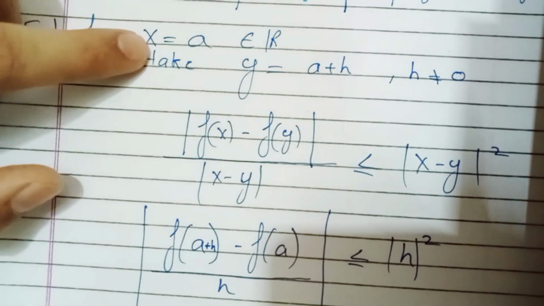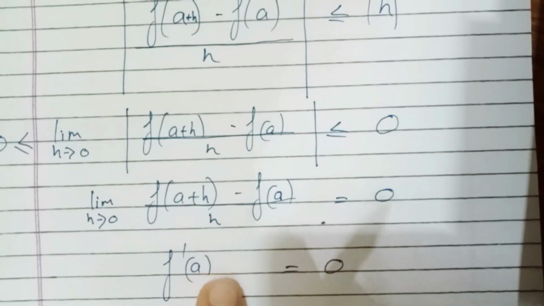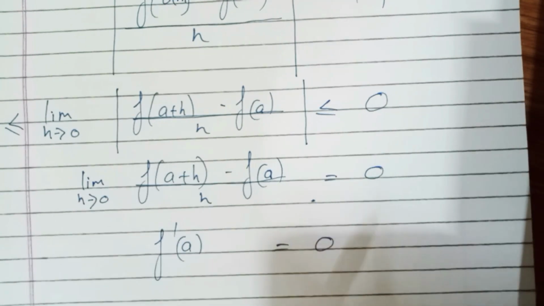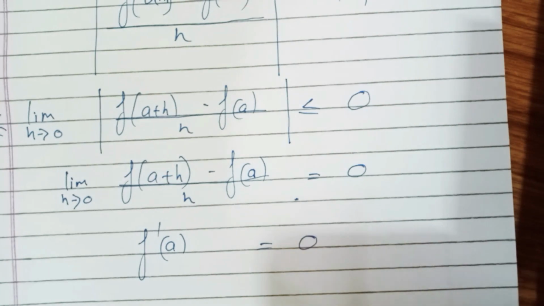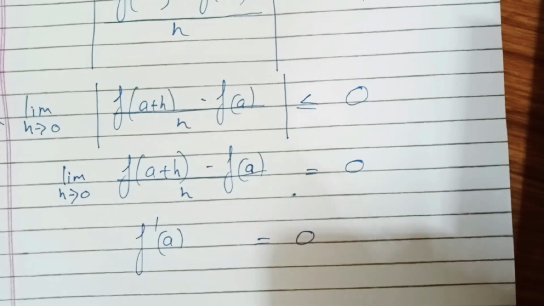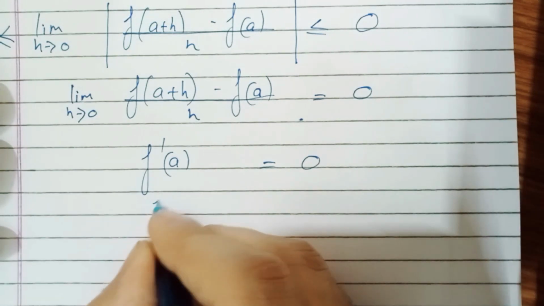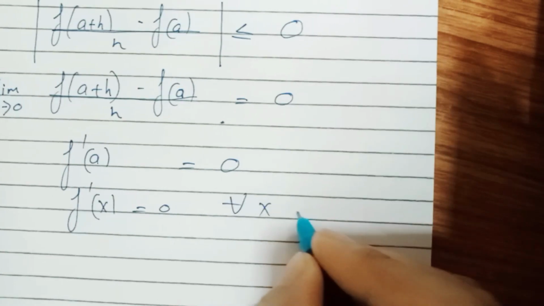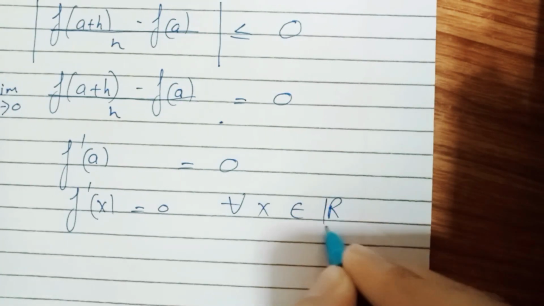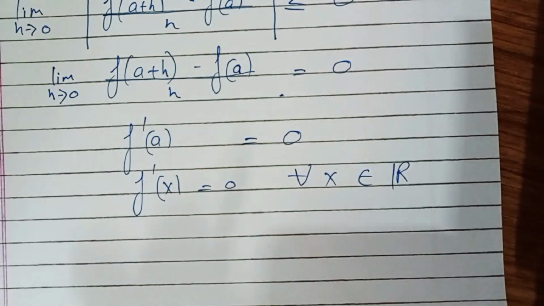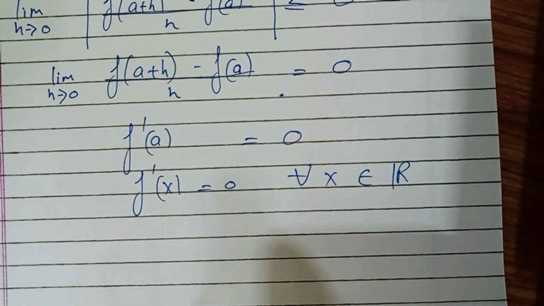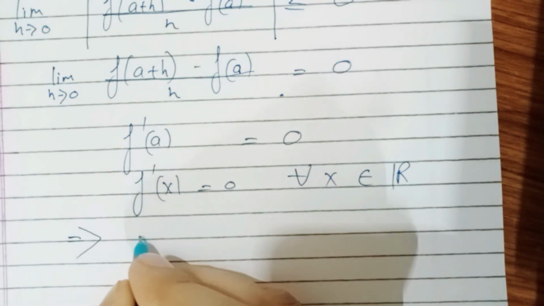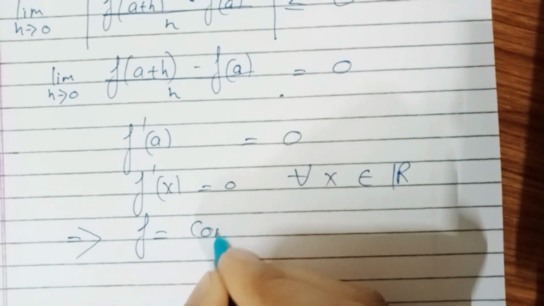So in a nutshell, since a was arbitrary, we could say that f dash x is 0 for all x belonging to R. So this is what we have proved, and from here on it's very easy to imply that f is a constant function. So that's how we have found all the functions which satisfy this condition.